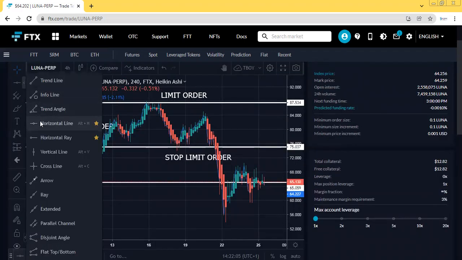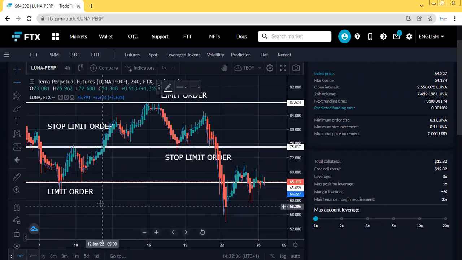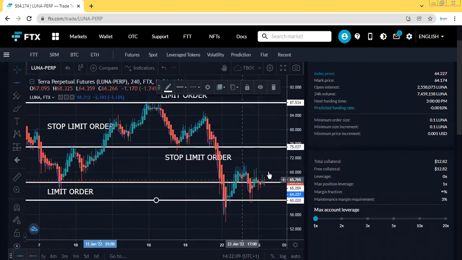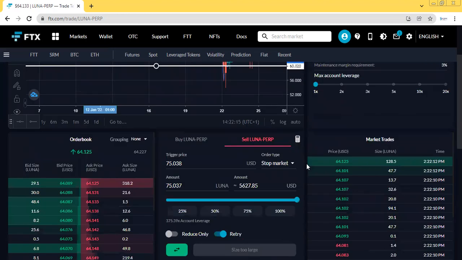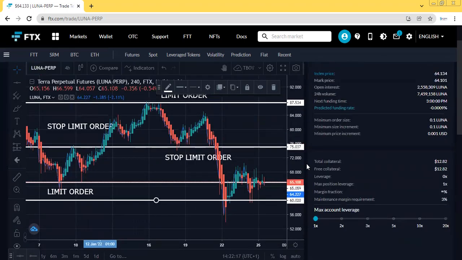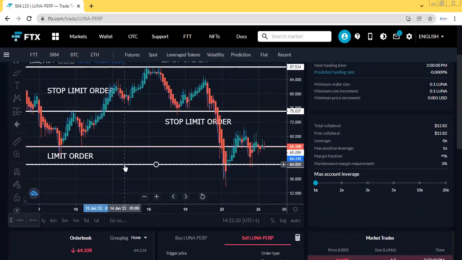Assuming that you want your stop loss to be here, this is your stop loss. You want your stop loss to be here, somewhere here. This is the stop loss.